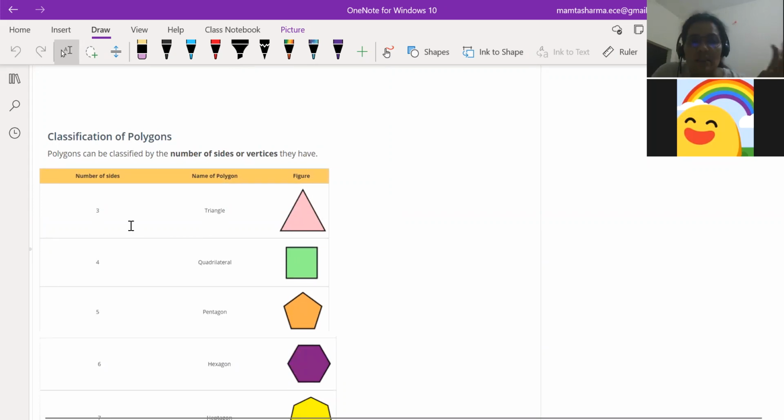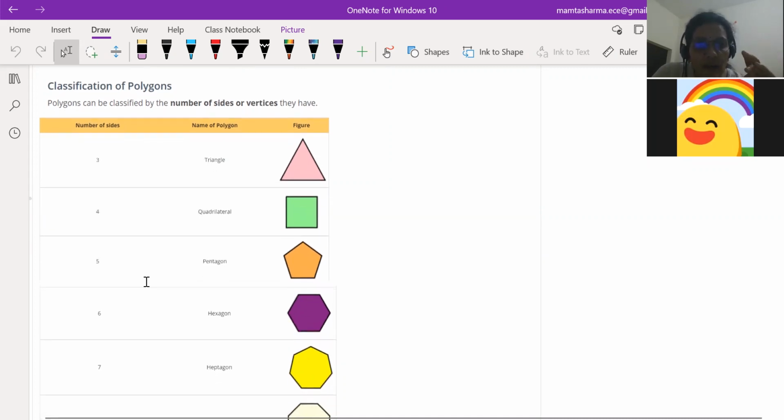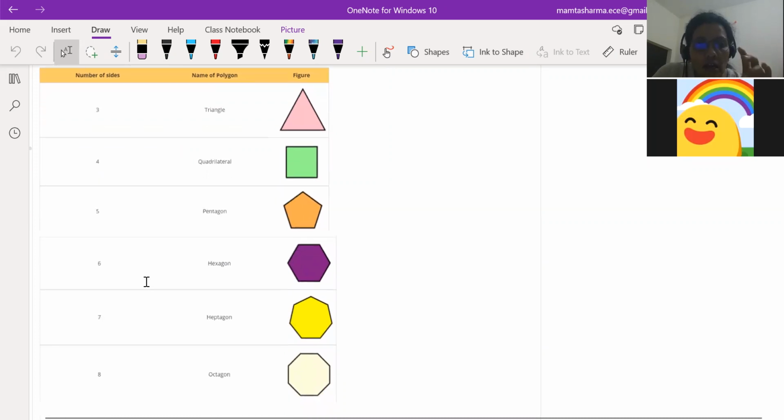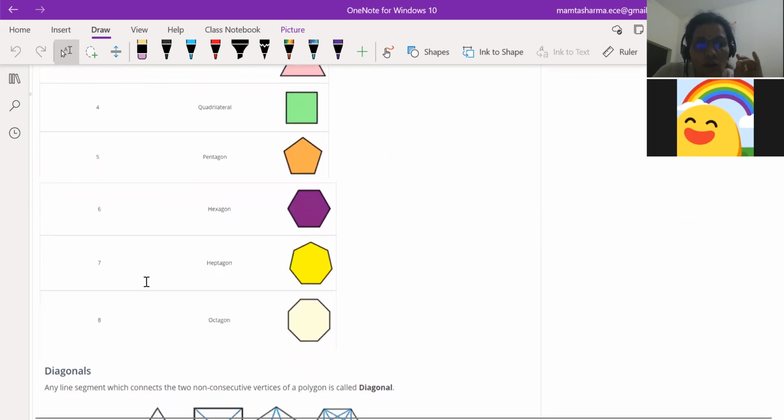If number of sides is 3, it will form a triangle. 4, quadrilateral. 5, pentagon. 6, hexagon. 7, heptagon. 8, octagon. There may be n number of sides, and that would be an n-gon.